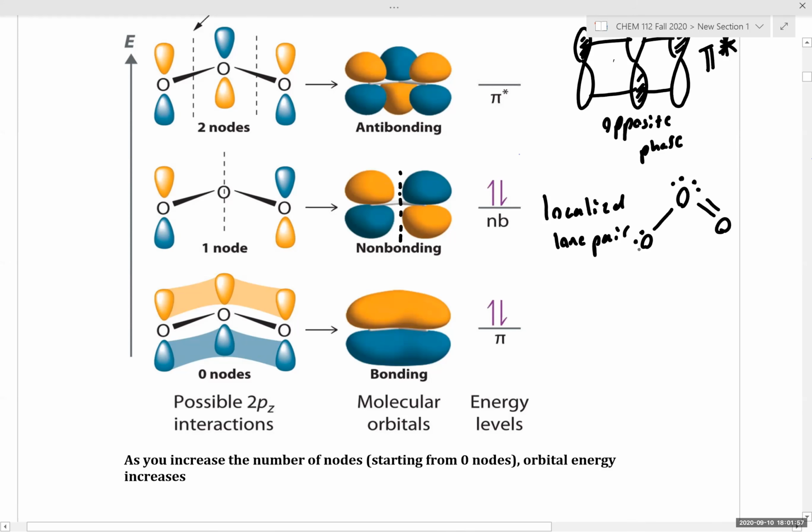And the way I like to visualize this non-bonding interaction is it's essentially trying to describe that on one of our atoms, we have a localized lone pair. That's essentially what the non-bonding interaction is trying to describe. It's neither bonding nor anti-bonding.